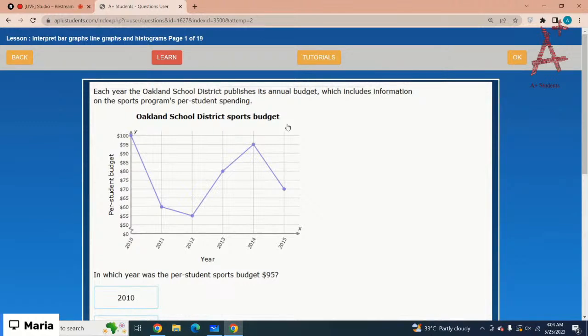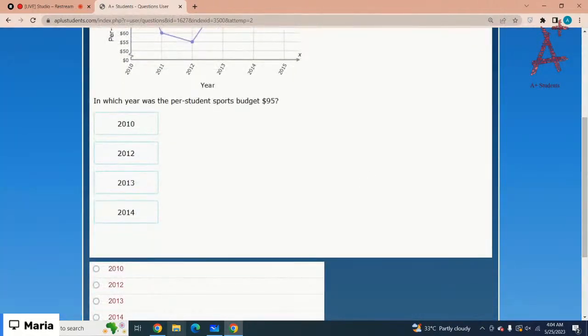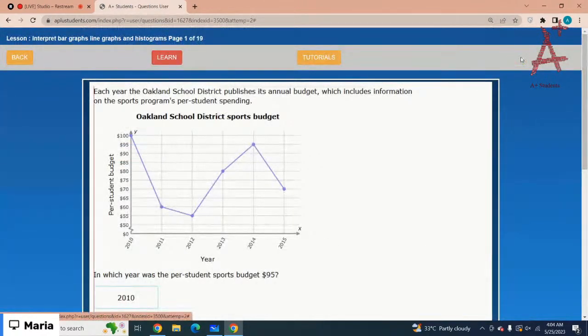You need to see which year the student budget is $95. So here you have 95. Just match it if you have a point. Yes, there we have a point. That means in 2014, the per student sports budget is $95. It would be 2014.